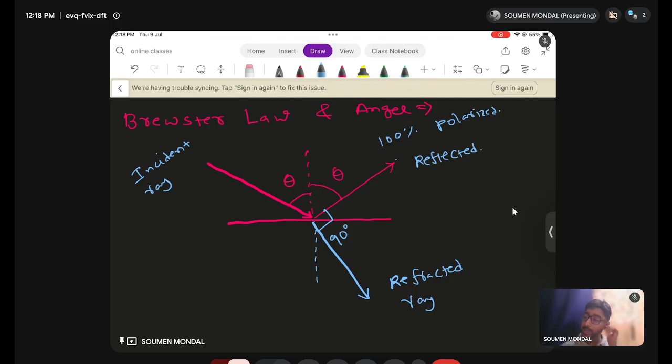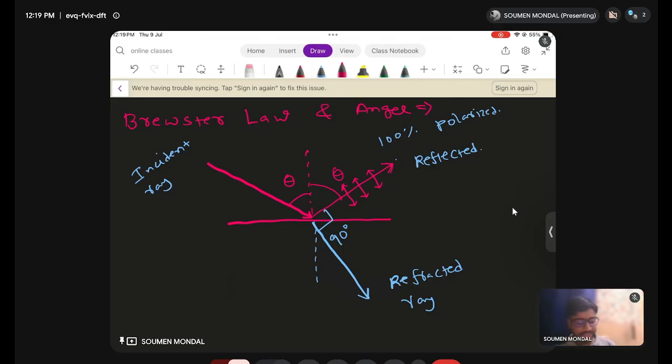By simple reflection we can polarize our light. Sorry, my bad. The polarization plane of the polarized light will lie in the same plane as the plane of incidence.